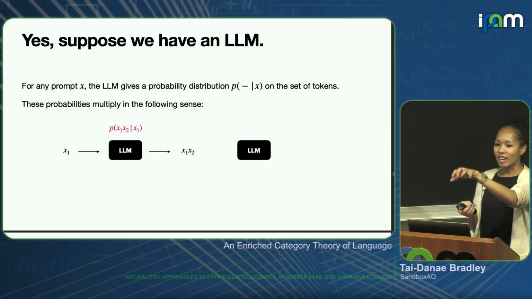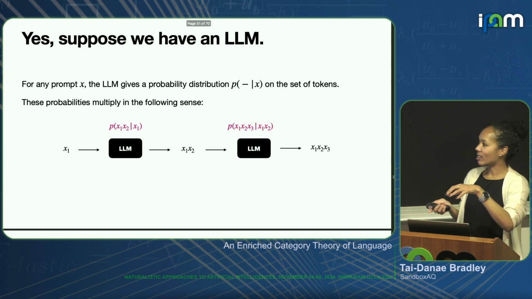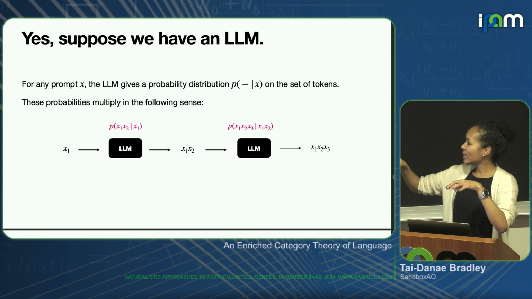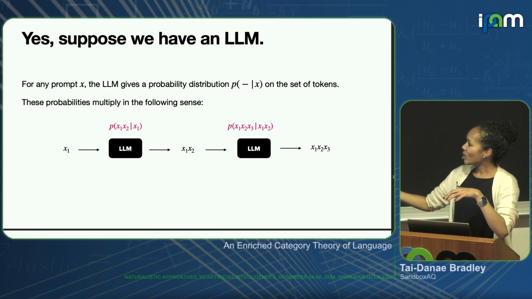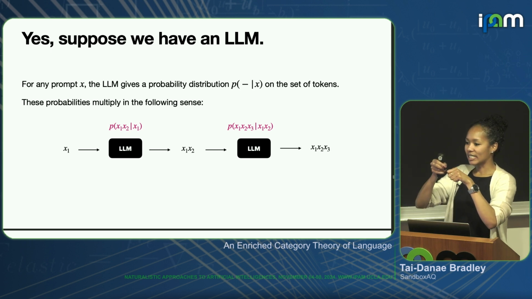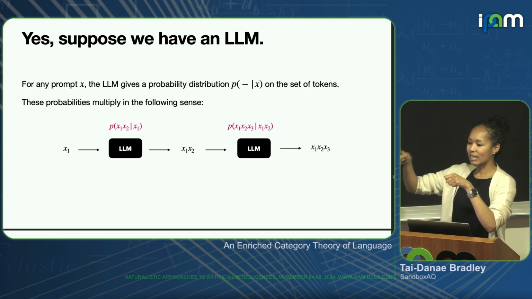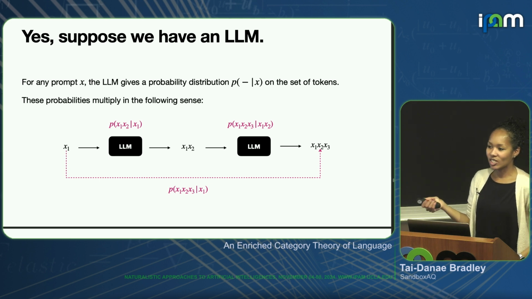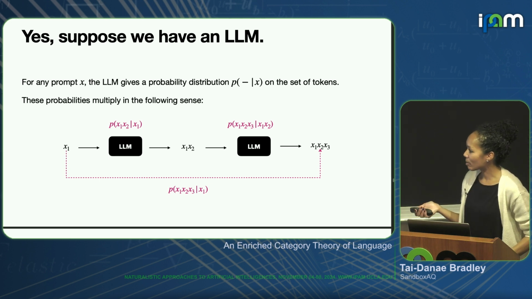Then I take that output and feed it back into the model, and I sample again. It chooses a token, say X3. So I see that string with this probability, conditioned on the fact that I fed in X1, X2. I'm sampling, taking my strings and feeding them back in. So the probability of that two-step process is just the product of the intermediate probabilities.